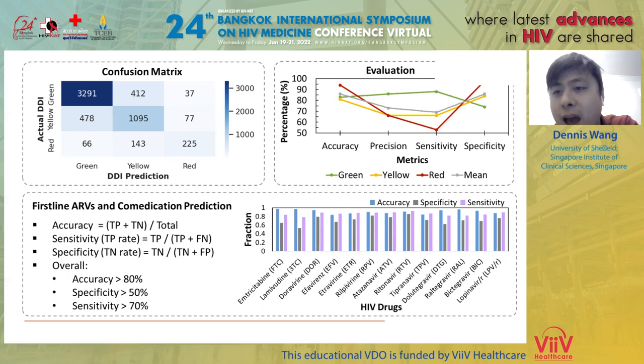So you can imagine if you have fewer red classes, or those drug-drug interactions that are severe, then your algorithm is not going to be learning as well if there are fewer examples of those.